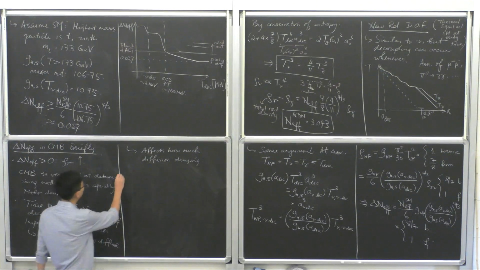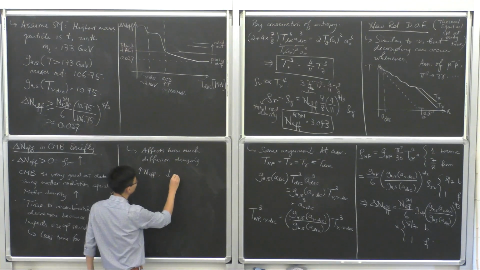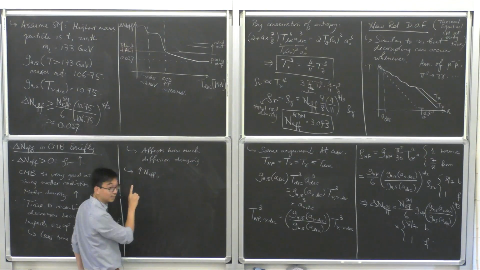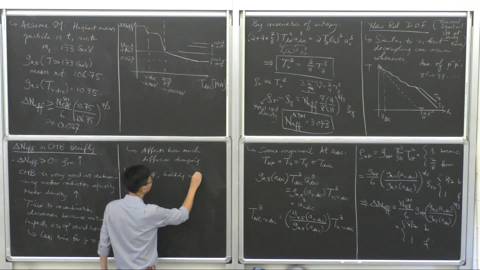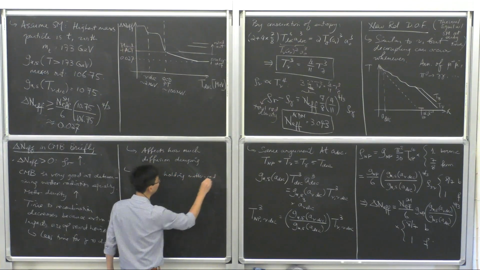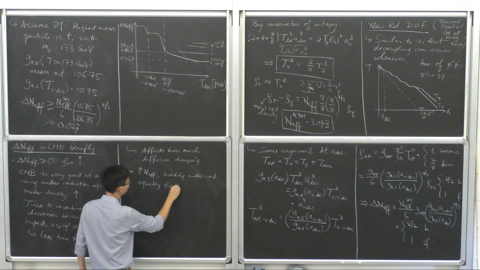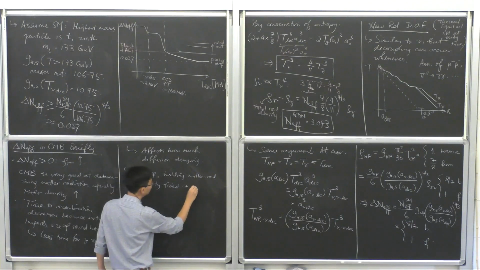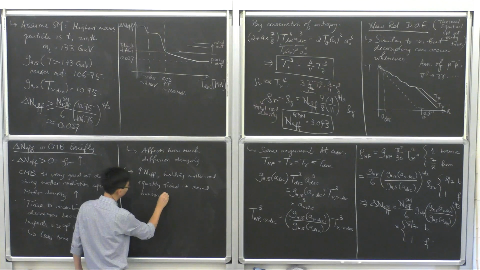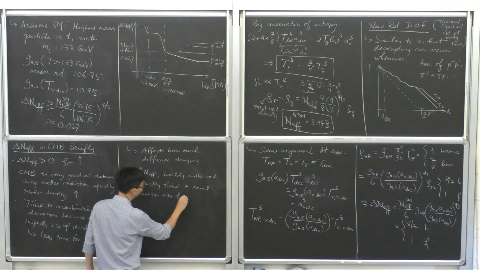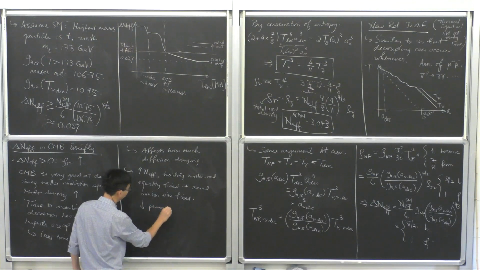It means that when you increase N effective, holding matter radiation equality fixed, plus sound horizon size fixed, you end up with less power at high L's.